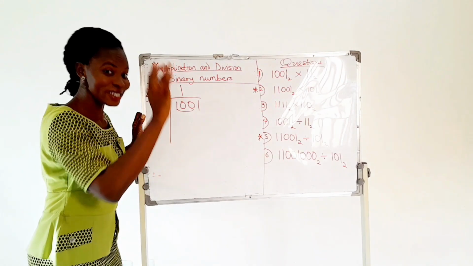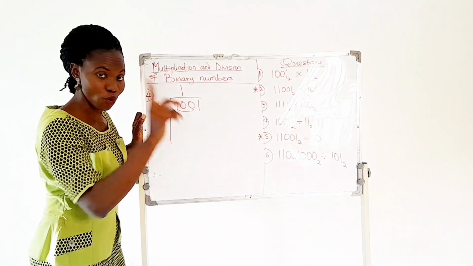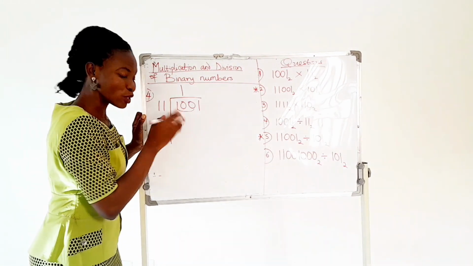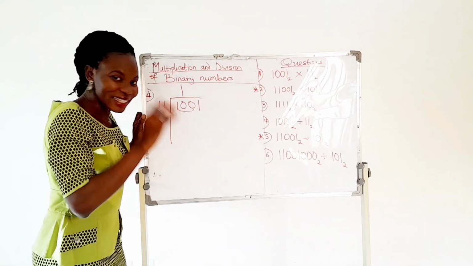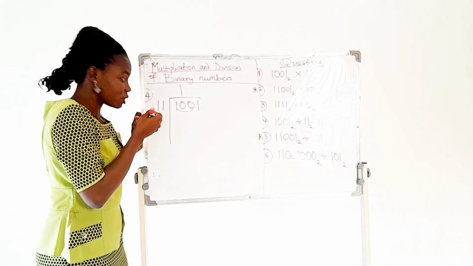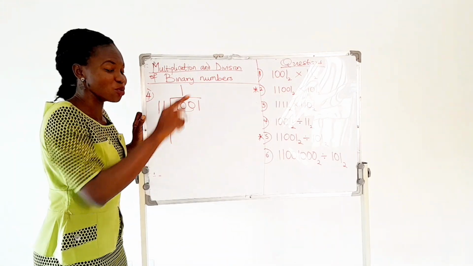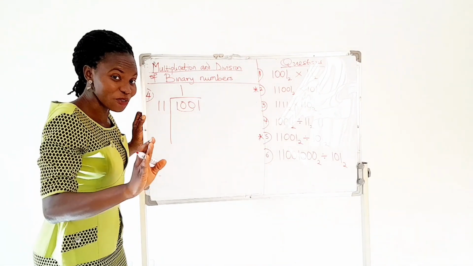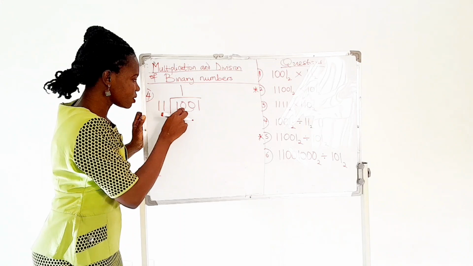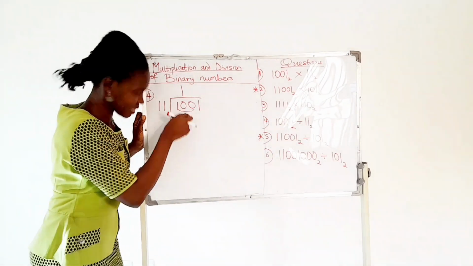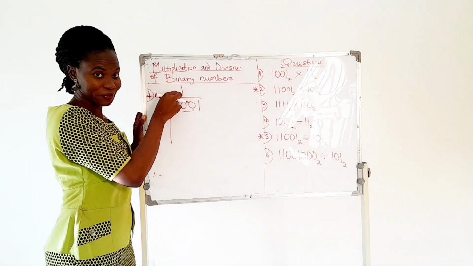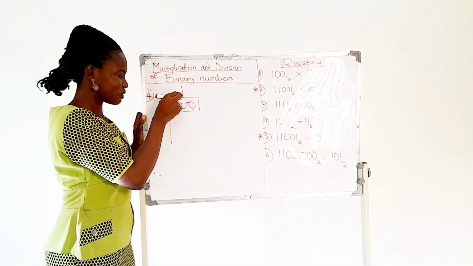So yes carries 1, no carries 0. So you don't need to do the normal division that you know. Your only question is, can it divide it? Is it big enough for it to go? If it is big enough for it to go, 1. If it is not big enough for it to go, 0. So 1, 0, 0. Can 1, 1 go in 1, 0, 0? Yes. So that yes is 1. Is that clear? It's very simple.